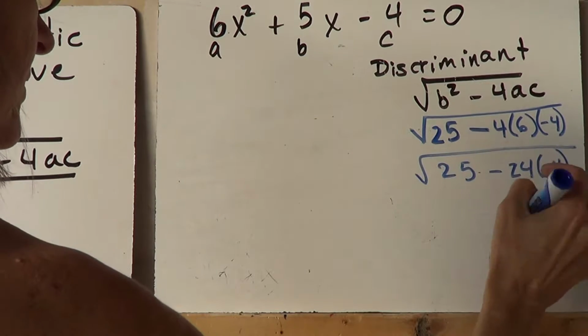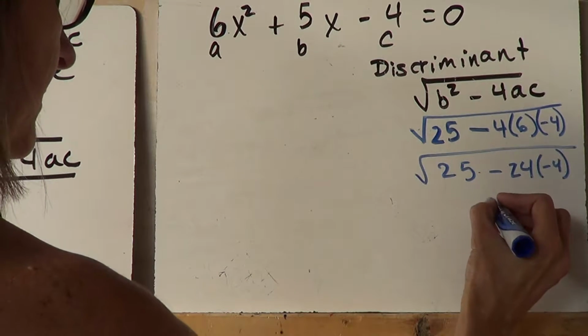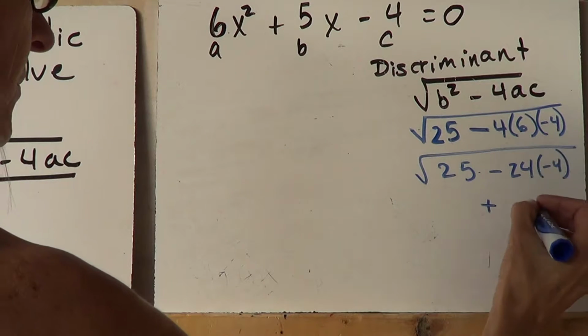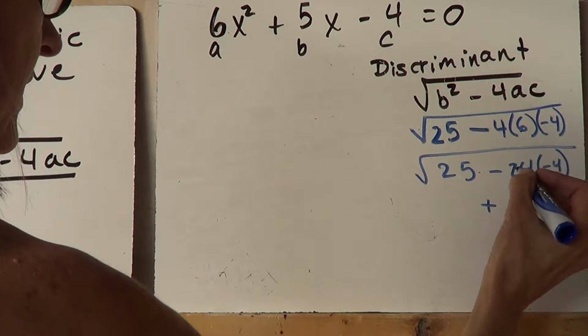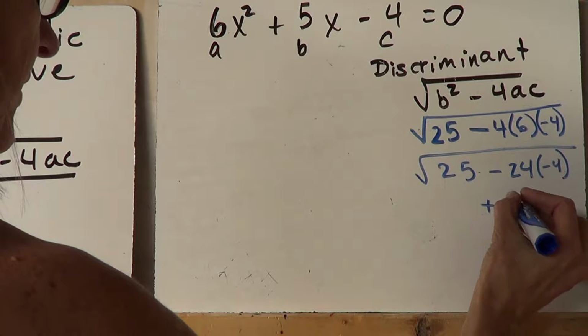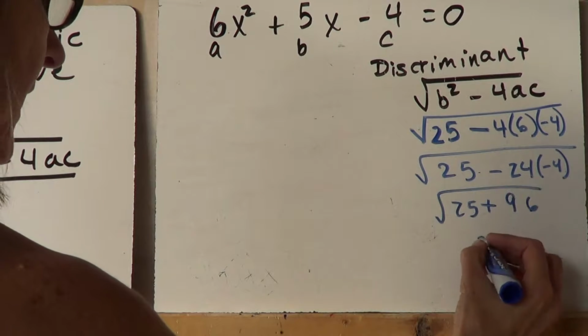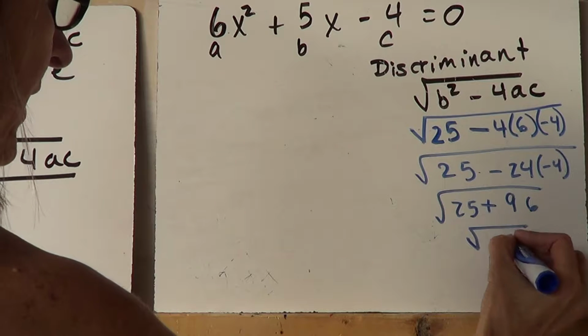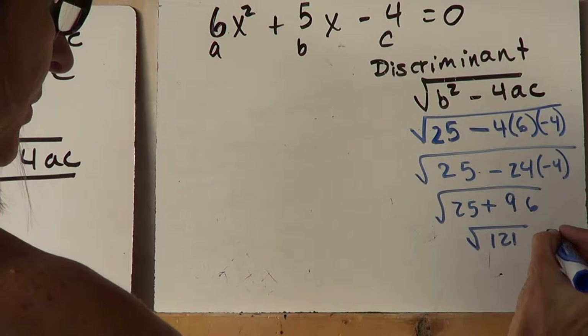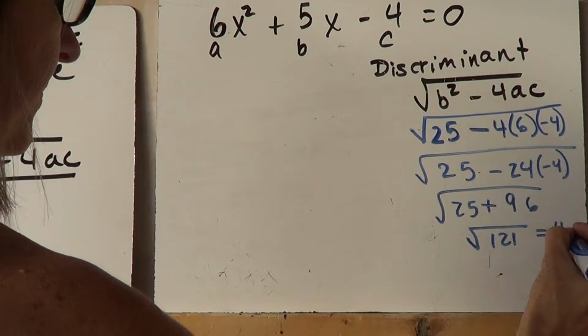Two negatives are going to make a positive, and we get 96 plus 25. That comes out to be radical 121, which is a perfect square, which equals 11.